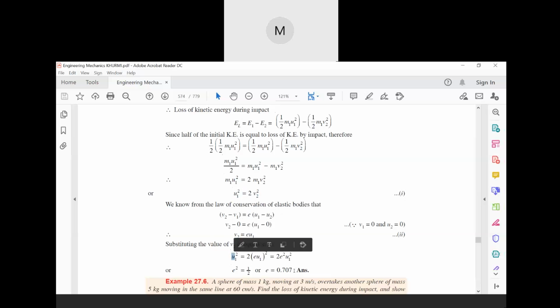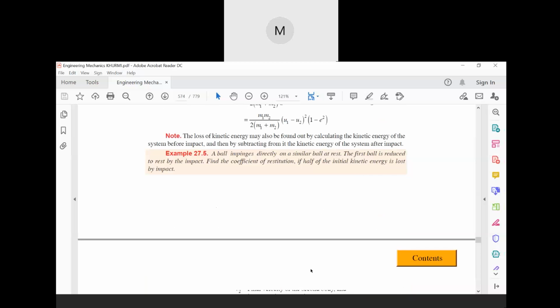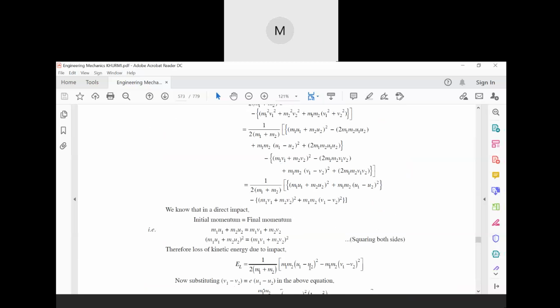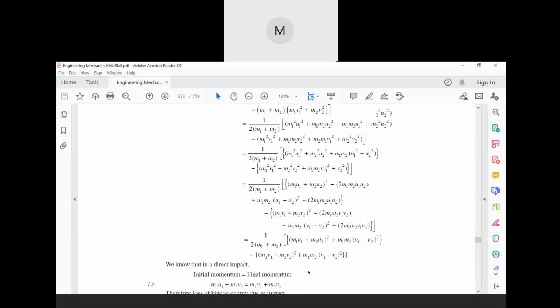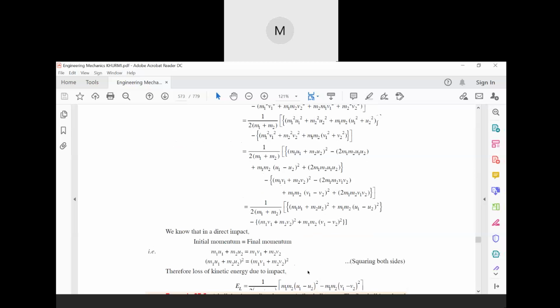That means you can find out the coefficient of restitution from this. Okay, so I'll type this question and you try to solve. I've explained it to you. Now you have to try this.